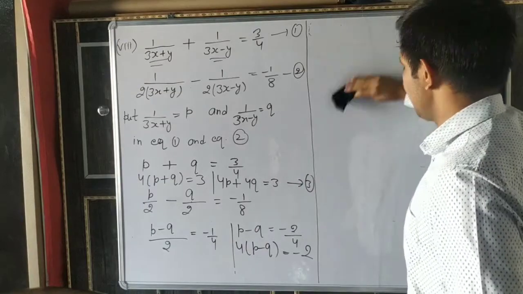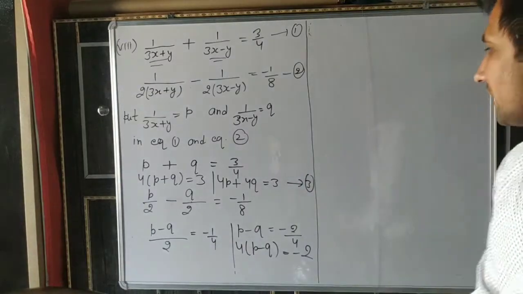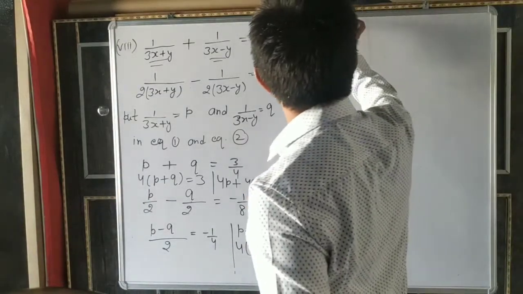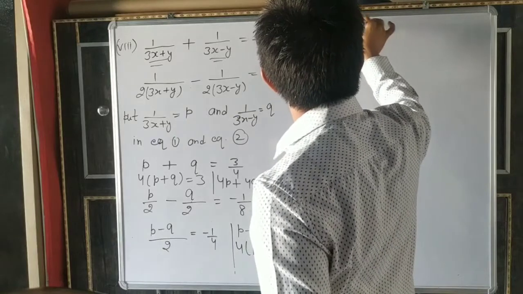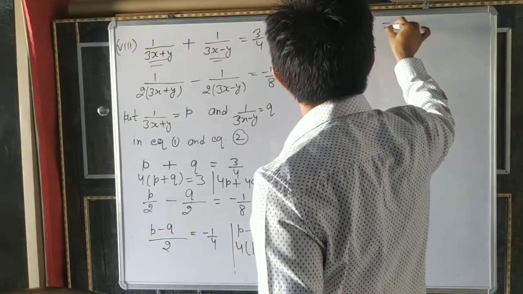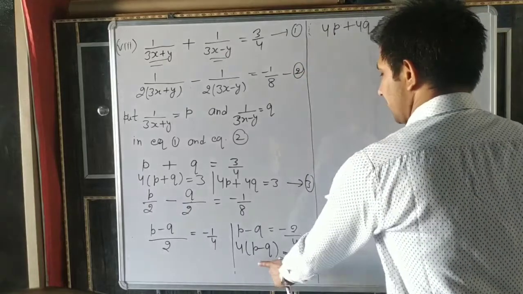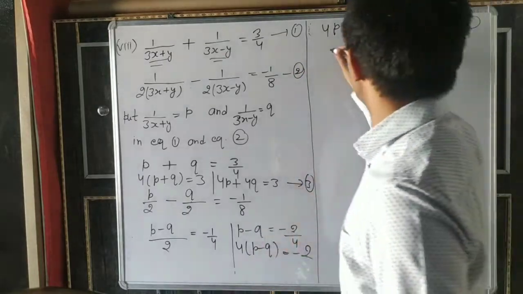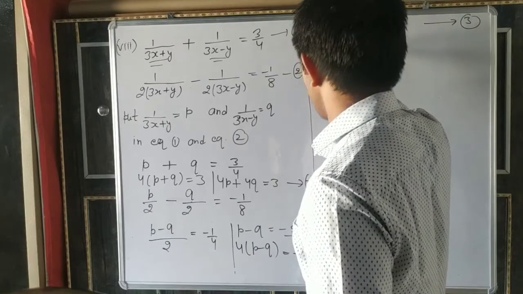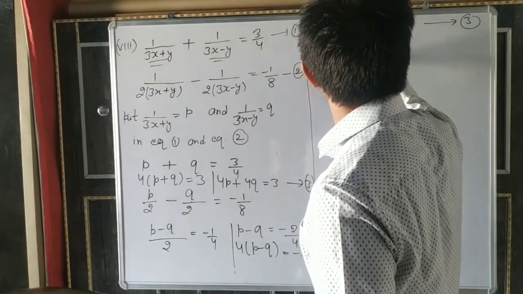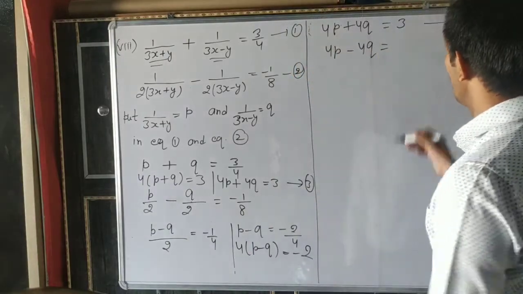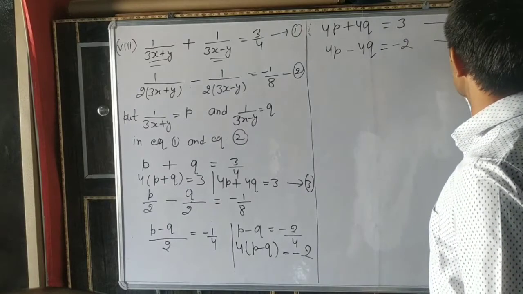So it becomes, dear, equation 3, 4p plus 4q equal to 3, and it becomes 4p minus 4q equal to minus 2.